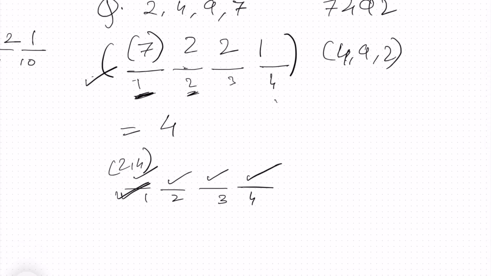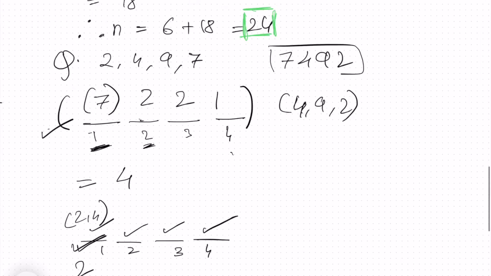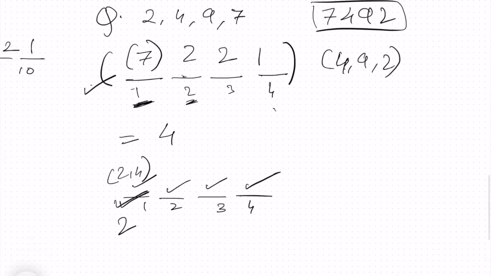So this place can be filled either with 2 or 4. Two ways to do this. Since we've used up one number, and any number formed with 2 or 4 in the thousandth place will never exceed this number, there's no restriction to fill positions 2, 3, 4. So I've used up one digit, which means I have 3 left for the second position.